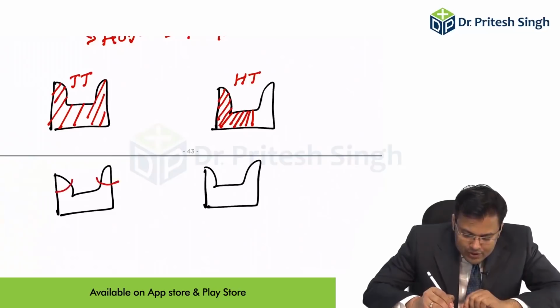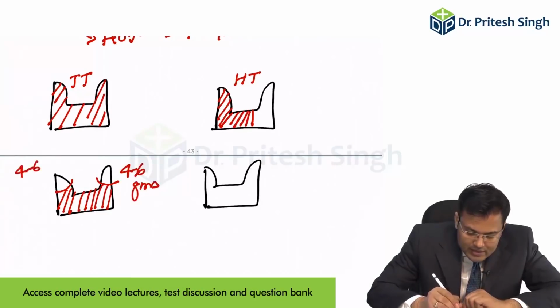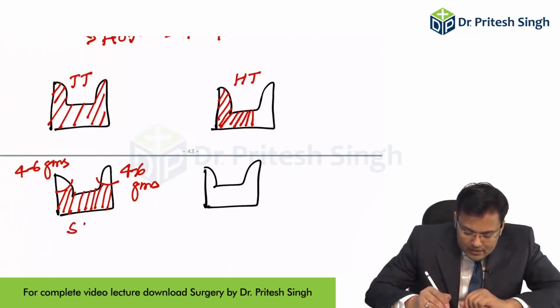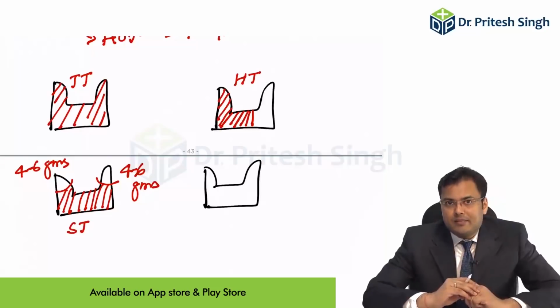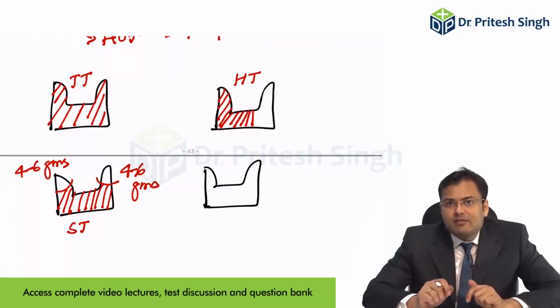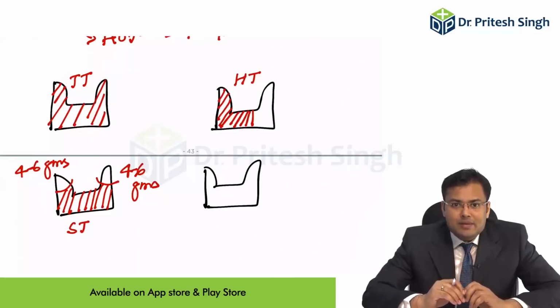Now have a look. If I am going to remove the thyroid gland leaving 4 to 6 grams of thyroid in each lobe superiorly, this is known as subtotal thyroidectomy. So leaving 4 to 6 grams of thyroid tissue in each lobe superiorly with removal of the rest of the thyroid gland is subtotal thyroidectomy.